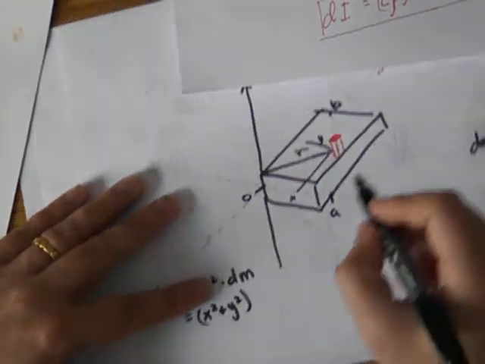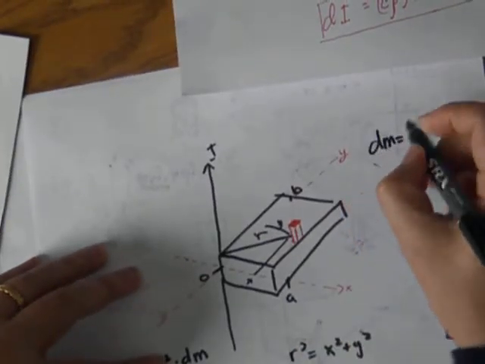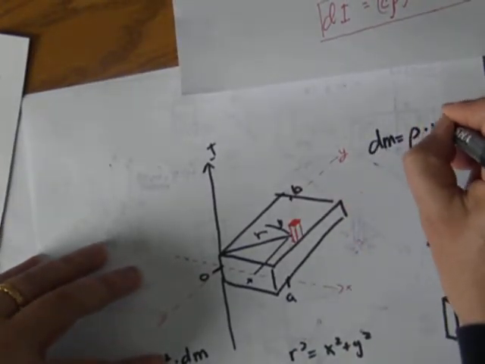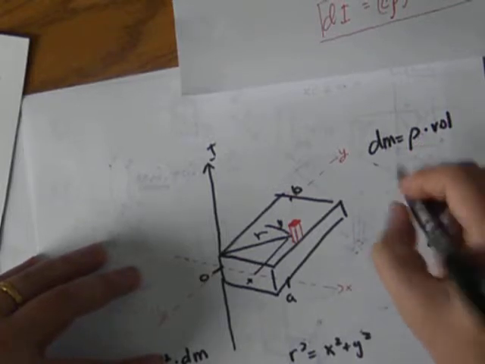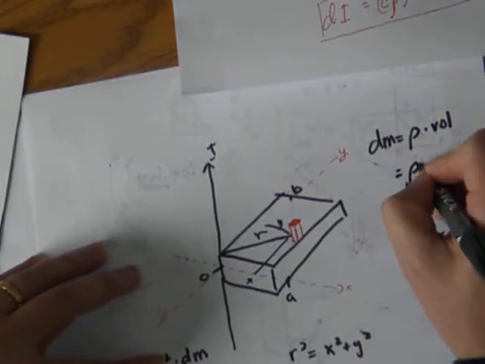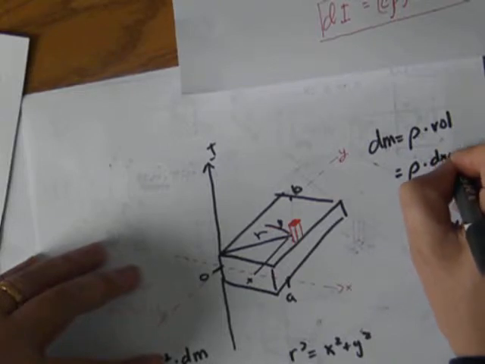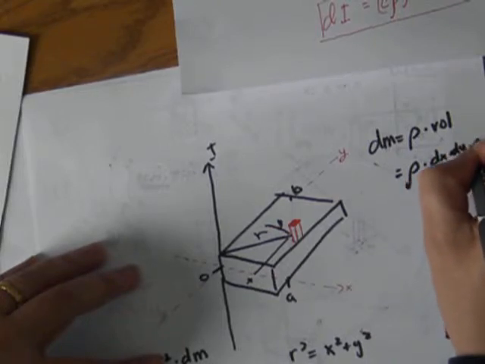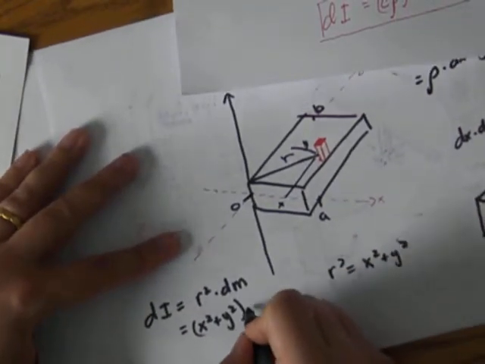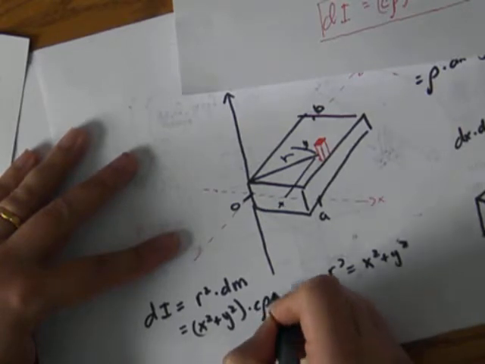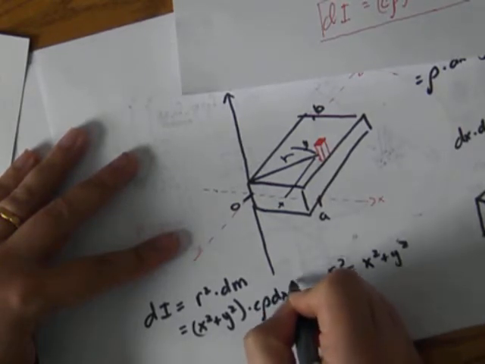Again, dm is going to be the density times the volume of our small slab. So it's going to be density times dx dy times c. So this is c rho dx dy.